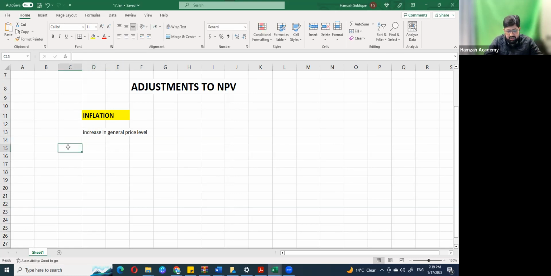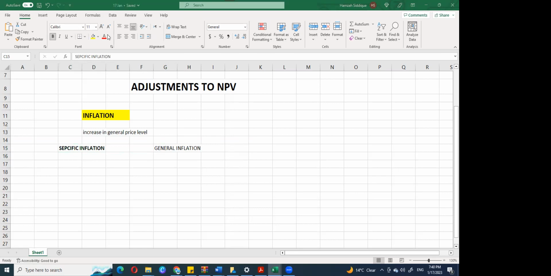So inflation is of two types. One is called specific inflation. The other is called general inflation. Specific inflation is basically price increase in the specific item price.